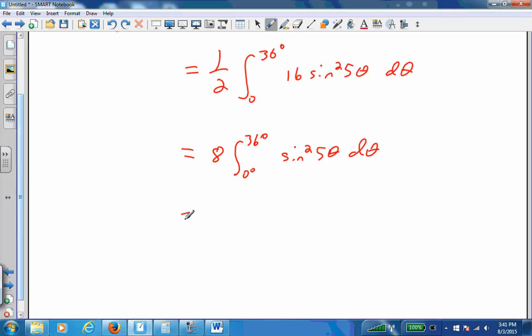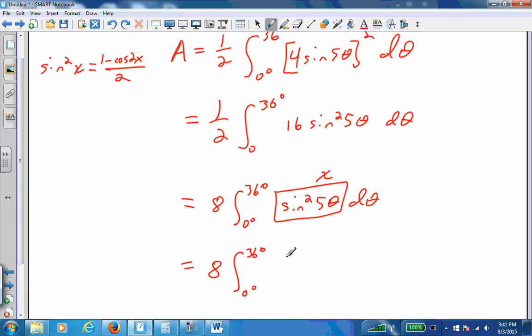So this is 8 times the integral from 0 to 36. If we call this x, this becomes 1 minus cosine of twice that angle.